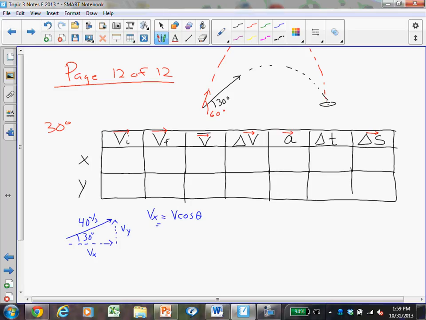V is 40 meters per second, cosine of 30 degrees. The second one down. The first one would be 10 degrees. 40 cos 30 is 34.6 meters per second.